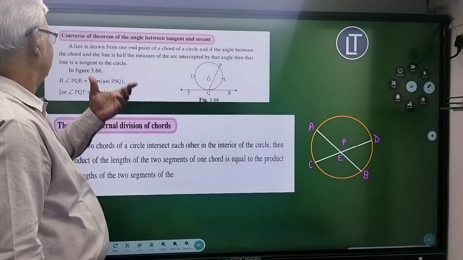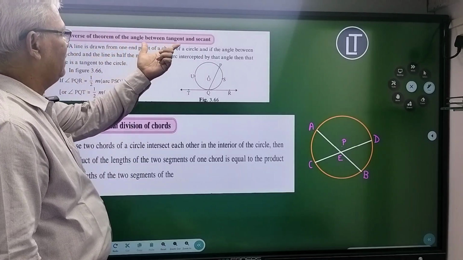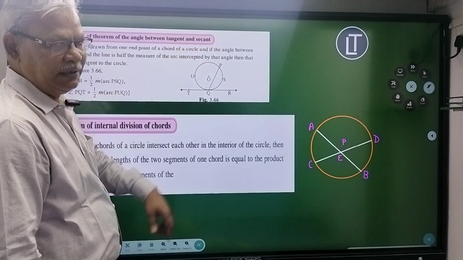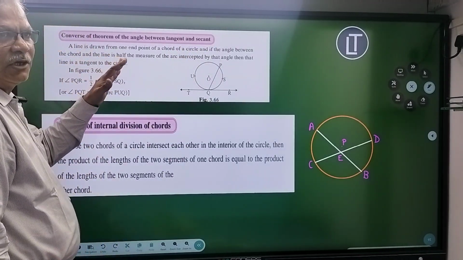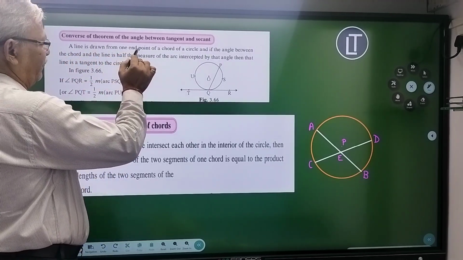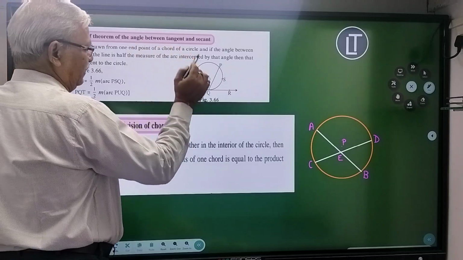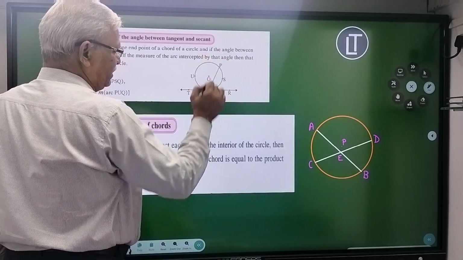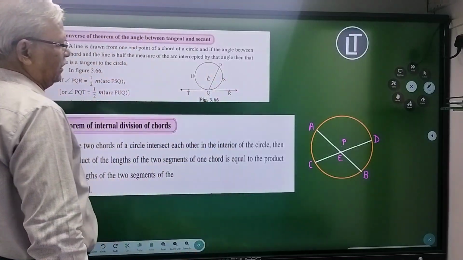Now the next theorem is the converse of the theorem of the angle between the tangent and the secant, which means the converse of the previous theorem. A line is drawn from one endpoint of a chord of a circle. Here PQ is a chord and a line is drawn from one end of the chord.